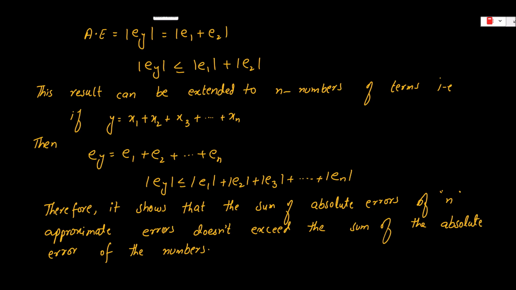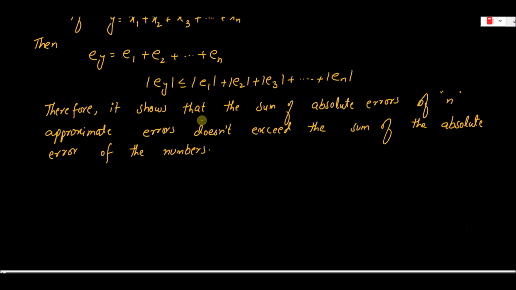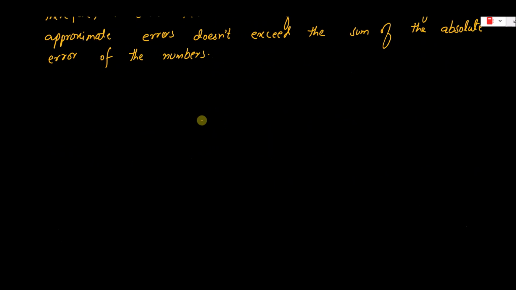Now we are going to proceed towards the second operation. So we are going to see the proof of error accumulation in subtraction. So secondly, we have error accumulation in subtraction.